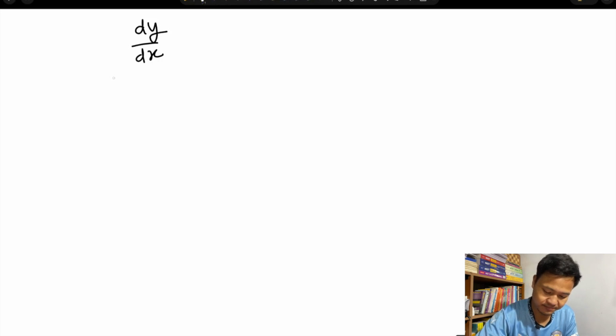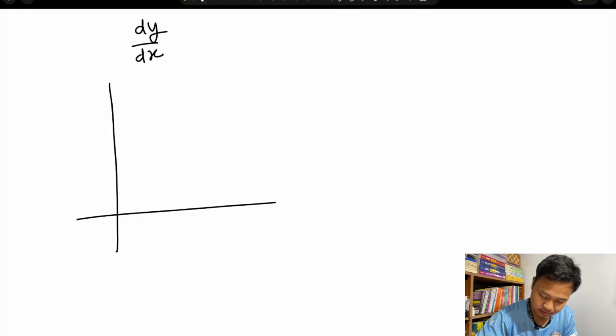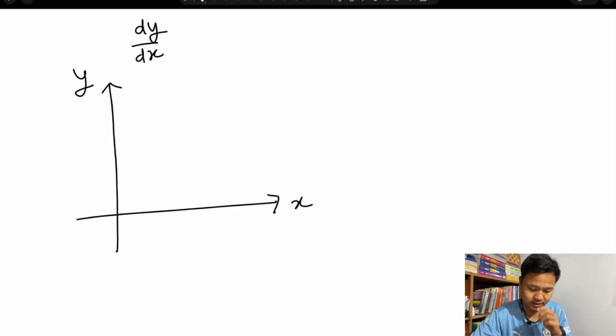Suppose I have a graph, an x and y graph, y versus x. Suppose I have a line here.